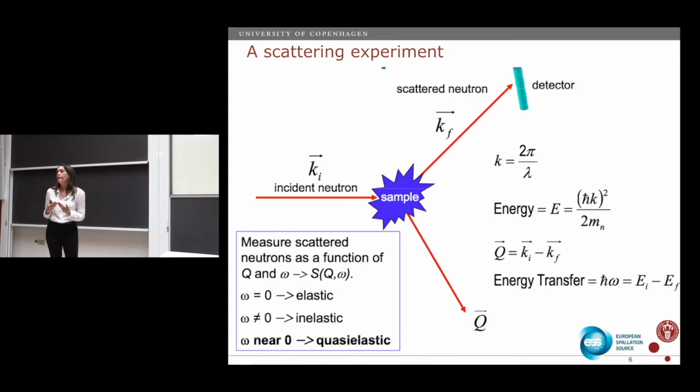The interesting thing about neutrons in relation to any other technique is that we can also have information on the scattering vector that I was talking to you about, that is this Q vector here. And having information on this scattering vector not only is going to tell me if the particle is moving, but it's also going to tell me about the nearest neighbors.